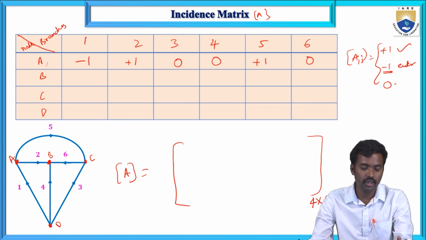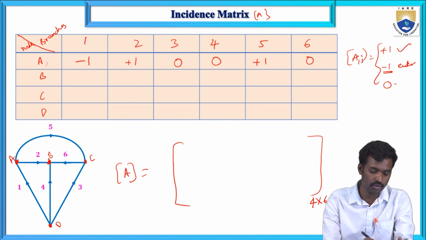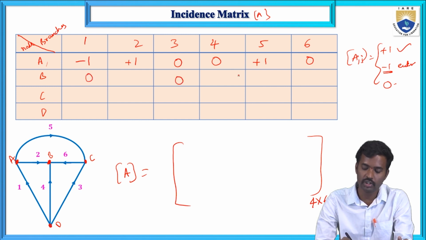Next, similarly, the second step: for all nodes, repeat the same first step, here for B. What are the branches not associated with this particular node B? 1, 3 and 5. So the value for 1 is 0, for 3 is 0, and for 5 is 0.